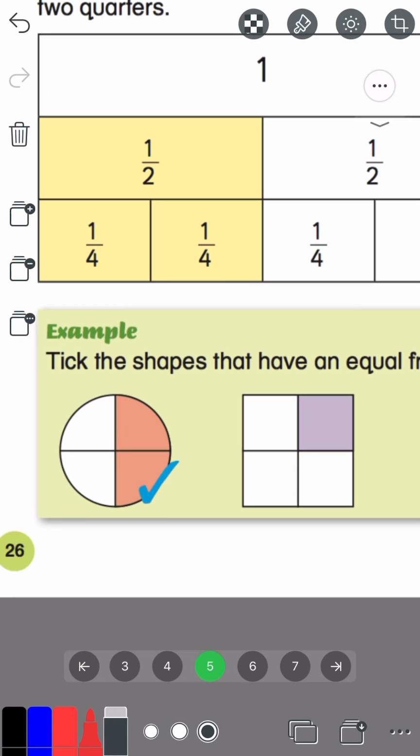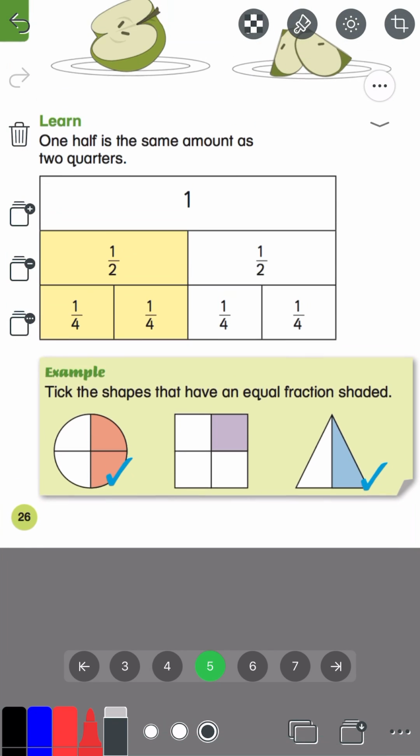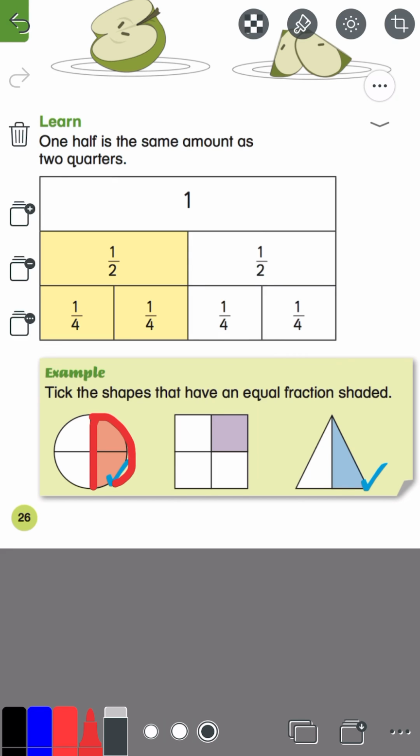So look at this example. We have here different shapes: a circle, a square, and a triangle. In the circle, we have half of the circle colored. But in the square, we have only 1/4 colored. The triangle has half of it colored too.